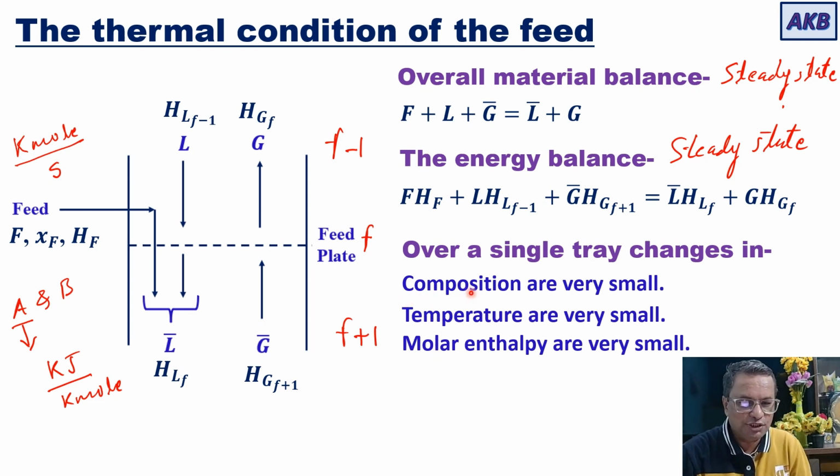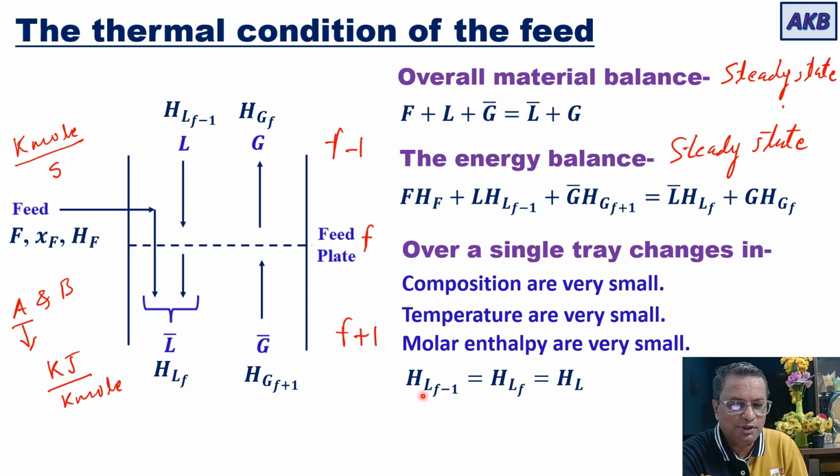That means I can say that the molar enthalpy of the liquid coming from the F minus 1 plate is equal to the molar enthalpy of the liquid coming from the feed plate. And in general, I will denote that as HL, which is the molar enthalpy of the liquid.